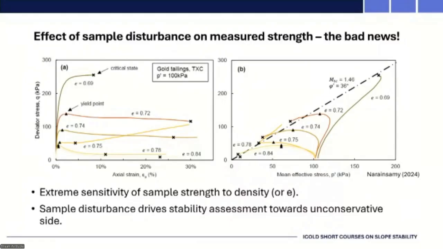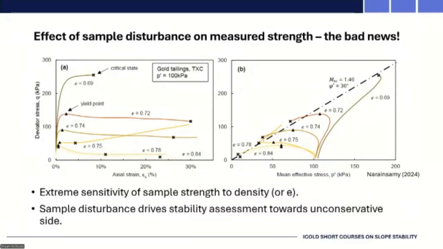This is gold tailings, and you can see that if we shear a sample with a void ratio of 0.69, you measure a high undrained shear strength. If you increase the void ratio slightly to 0.72, you have halved the shear strength. And then a 0.02 change in that void ratio again, and you cut it down by another 50% or so.